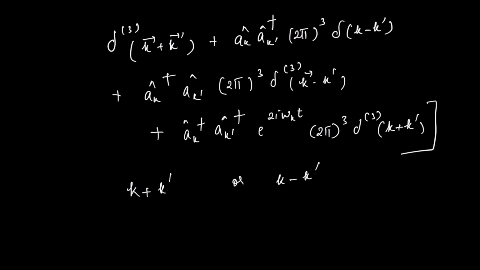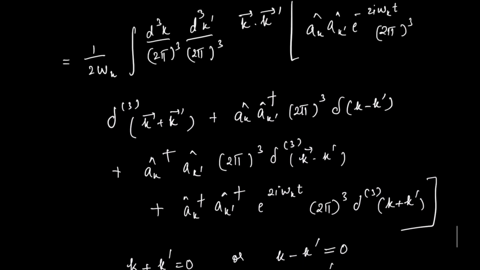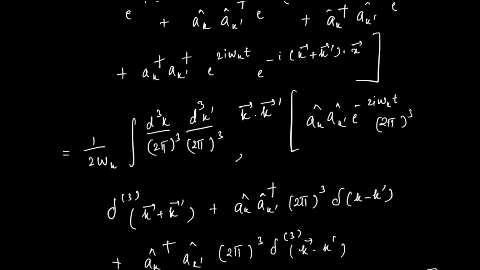If it is k plus k', then k must be minus k'. If it is k minus k', then k will be equal to k'. So in general I can write k is equal to plus or minus k'. So k·k' will be k·(±k), so k·k will be mod k squared.